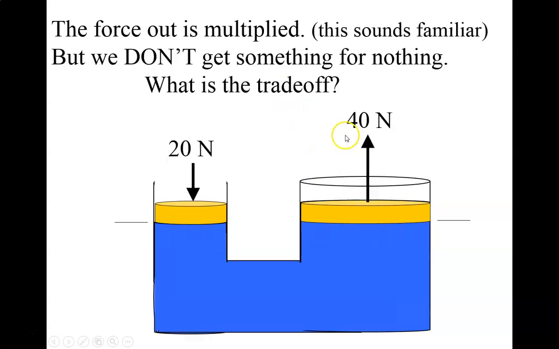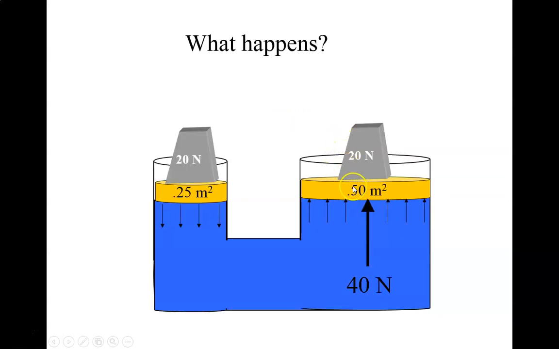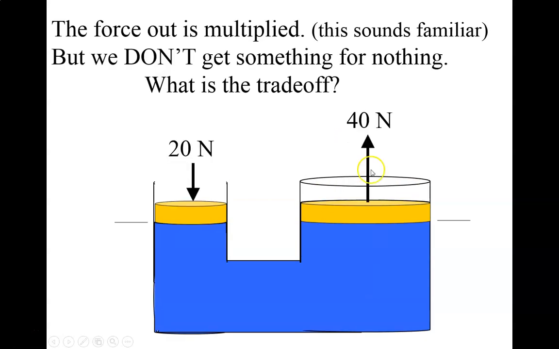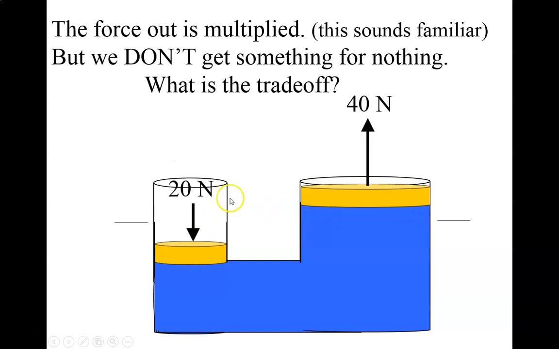So what happens? The piston moves if I've got only 20 newtons of force here. And so when I do that, I get work done. This is how the hydraulic jack works, by the way.